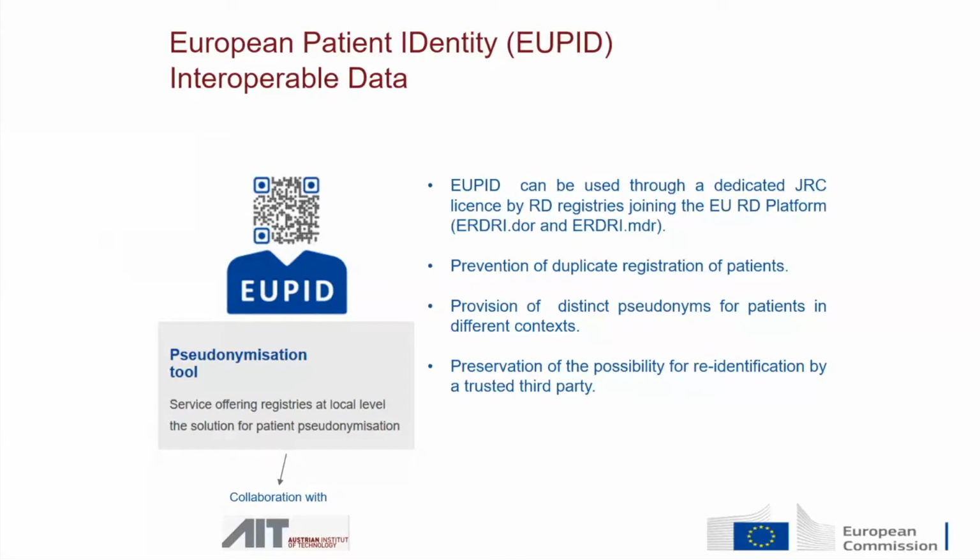It provides distinct new pseudonyms for patients in different contexts. And finally, it also preserves the possibility for re-identification, as we talk about pseudonymization and not anonymization, by a third trusted party.